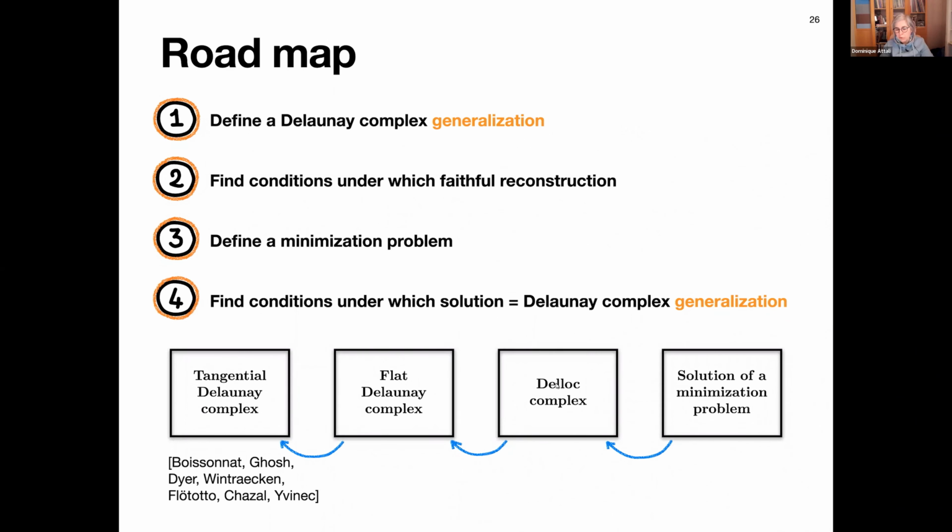And then, to prove that this log complex was indeed a faithful reconstruction, we decided to study instead the flat Delaunay complex. It turns out that this flat Delaunay complex is just a small variant of the tangential Delaunay complex that has been studied by Boissonnat, Dyer, Ghosh and co-authors. In this presentation, I will speak about the flat Delaunay complex because I think it's a good compromise.